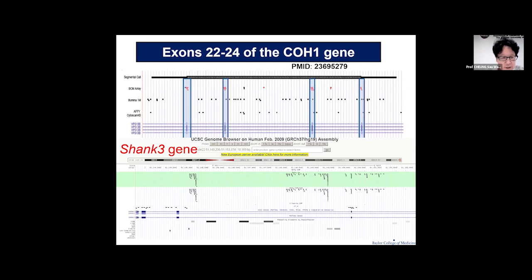It's the same with the SHANK gene, where we had probes on the exons, showing the exon coverage.